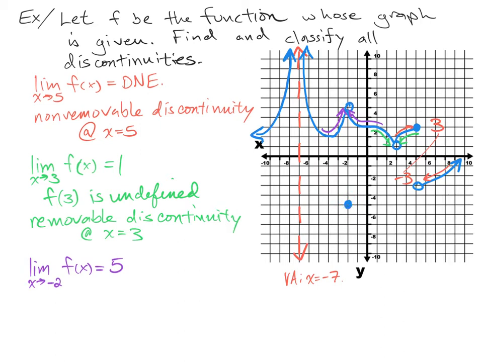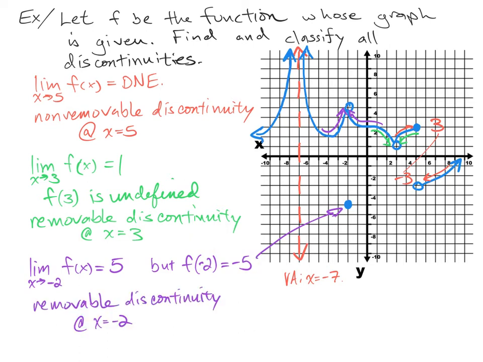So we know that the limit as x approaches -2 of f of x is 5, but the actual function value at x equals -2 is -5. That's that point right there. So in order for this to be continuous, we need the limit to equal the actual function value, but it does not.